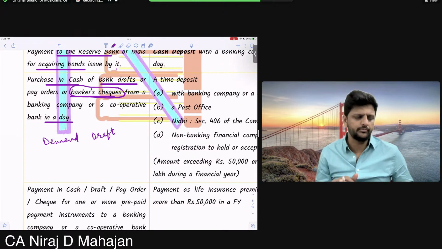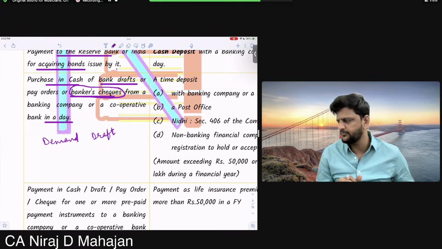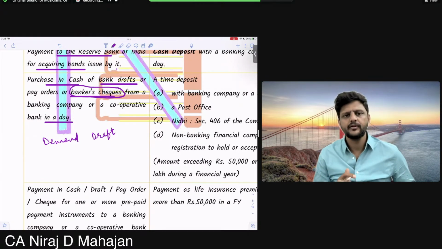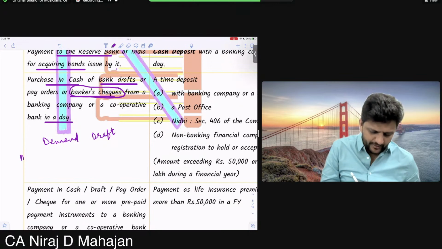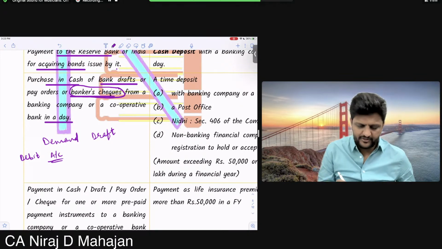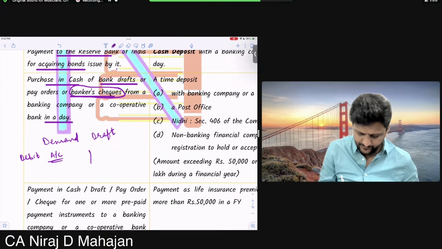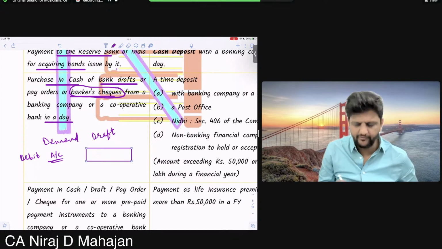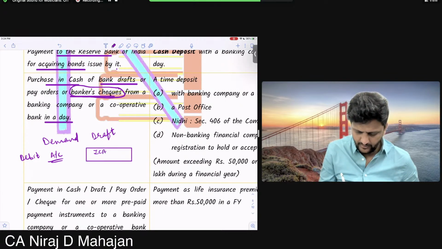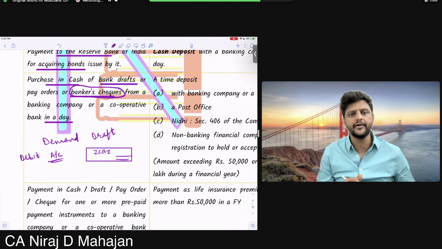That means you go to your own bank, or any bank also, and you say, okay, debit my account, means reduce my account, and give me this document, a demand draft, in favor of, for example, ICAI. Clear, everybody? Now this is not a check, but a demand draft.